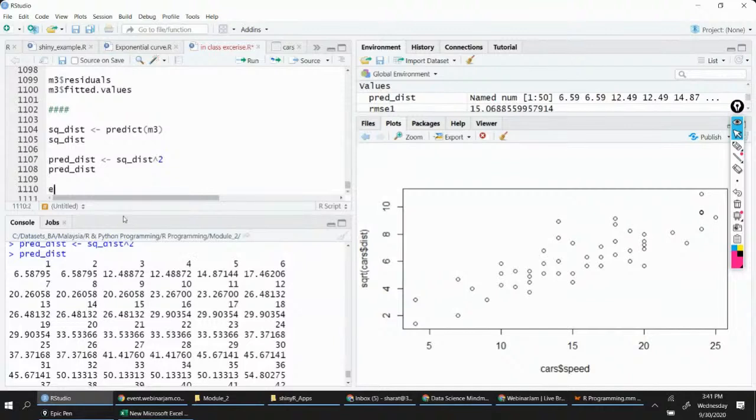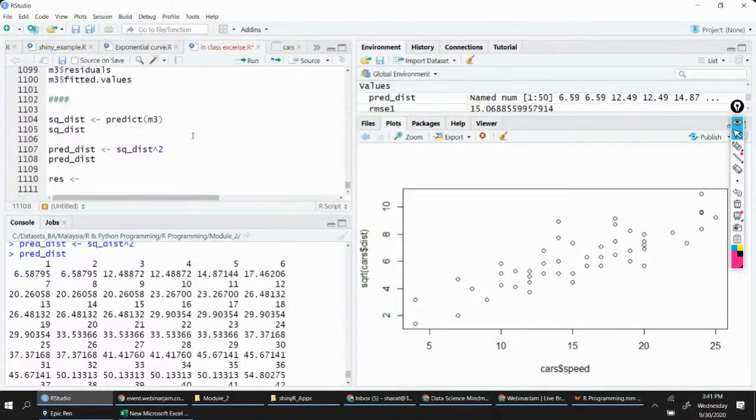Now we need to calculate error. Residual is equal to actual value minus predicted value, right? Error is nothing but original value minus predicted value. But what is my original value? Original value is already there with us.